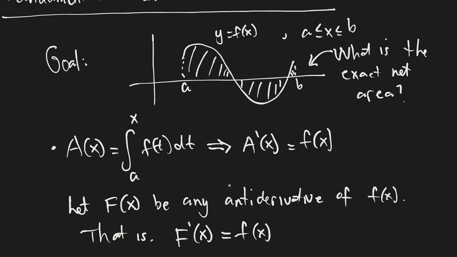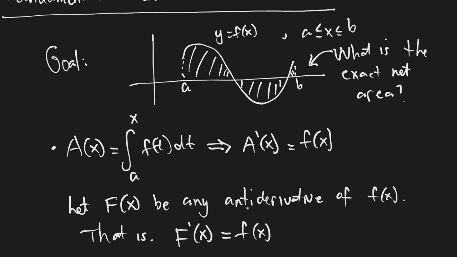Look at what the first version of the fundamental theorem says: the derivative of my area function is f of x. But if big F is any antiderivative of little f, then big F prime must be equal to little f.